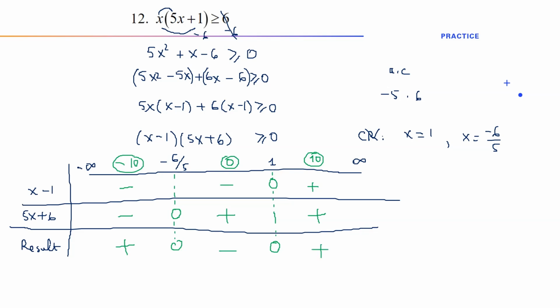And we want greater than or equal to 0, so positive, right? So we want this, the endpoints as well, so negative infinity, comma, negative 6 over 5, bracket, or, so union, or that region, we have 1, comma, infinity, close parenthesis.